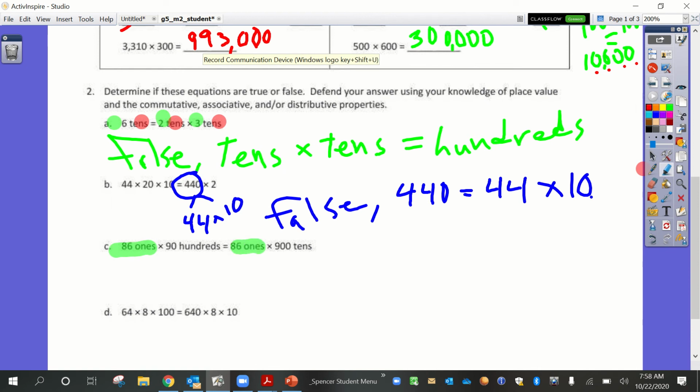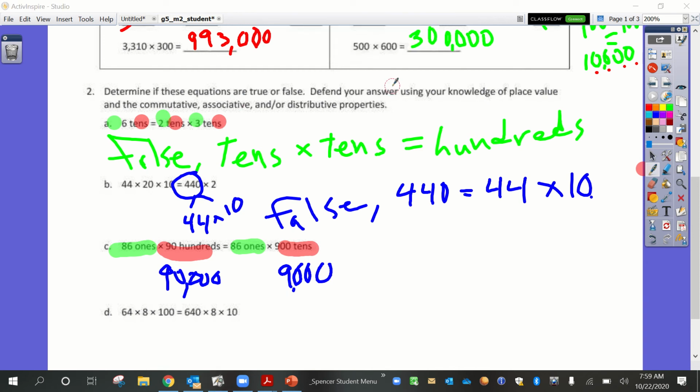So we're really analyzing 90 hundreds versus 900 tens. Well, let's just convert those into standard form. 90 and then hundreds has 3 zeros. 1, 2, 3. So that's really 90,000. So 900 tens. So let's do this. 900 and then tens is just 1 zero, so that would be 9,000.